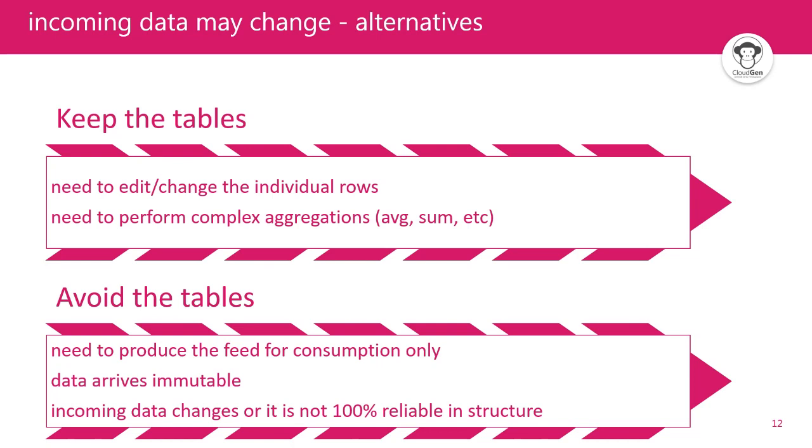But if you have incoming data that is immutable because it comes from outside, that is not designed to be updated, and you just need to ingest it and produce a sort of aggregation for your internal or external client, and you also know that this data is not really reliable in terms of consistency, you can avoid the relational tables approach and adopt JSON in a column. That's the purpose of this session.